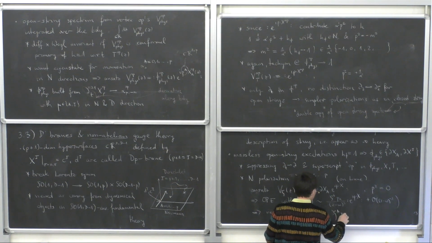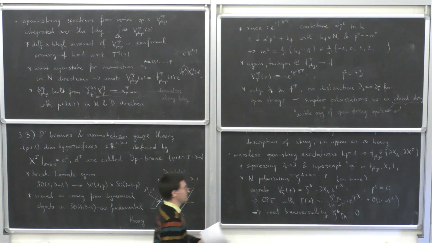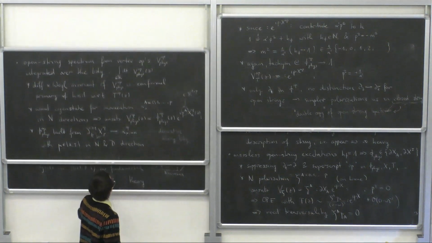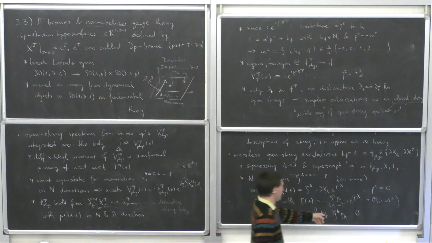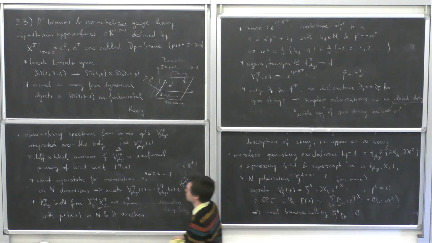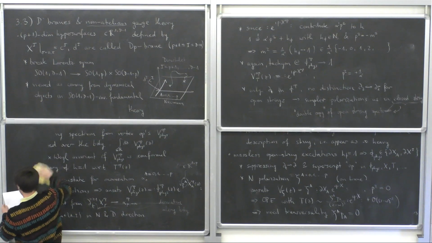Okay, maybe I should be writing a dot product. I'm a little bit hesitant to do it because the dot product was used before to contract over all values of mu. And here, of course, this is a vector of SO(1,p), namely over the Neumann directions only, on the brane only.